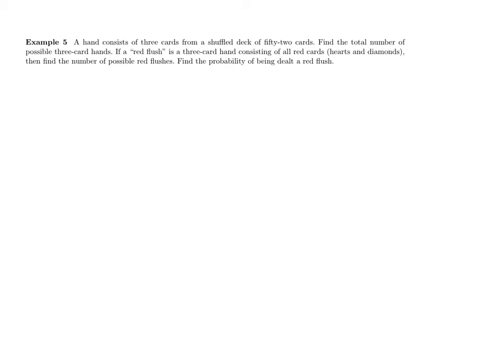Let's think of a possible 3-card hand. Like maybe you have an ace of spades. So you could have an ace of spades. And then maybe the second card that you are dealt is a 4 of diamonds. And then maybe the last card you are dealt is a king of hearts.